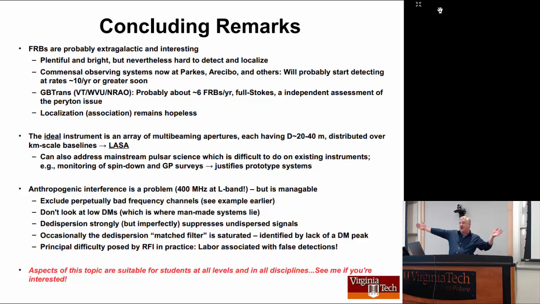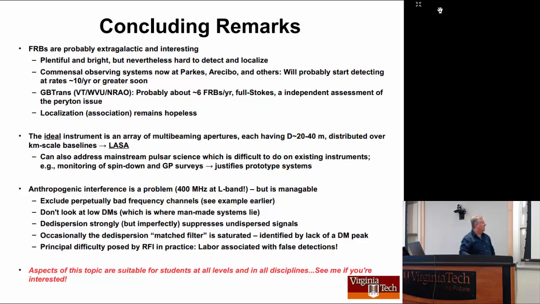This is the other thing. We're looking at very high DMs, so anything that is not similarly highly dispersed tends to get mushed down into noise. Every once in a while, the matched filter dedispersion process is saturated. Sometimes you get signals so big that it just produces a big output in this detection metric, right? Matched filter 101: if you push too big a signal through a matched filter, you get a detection no matter what.